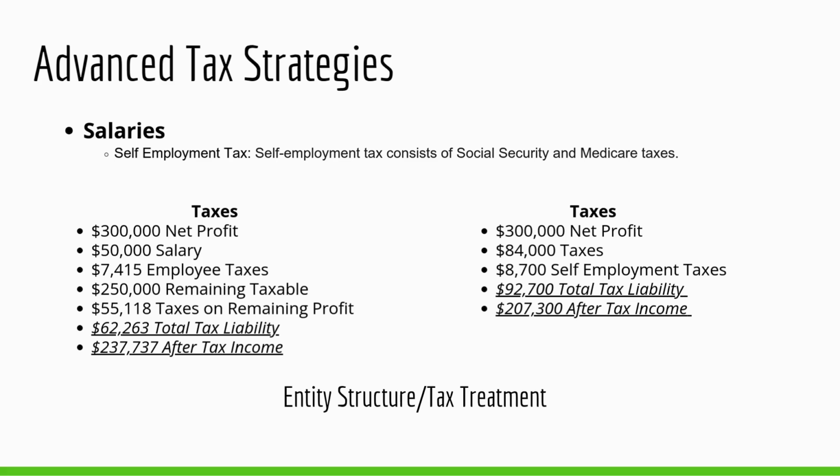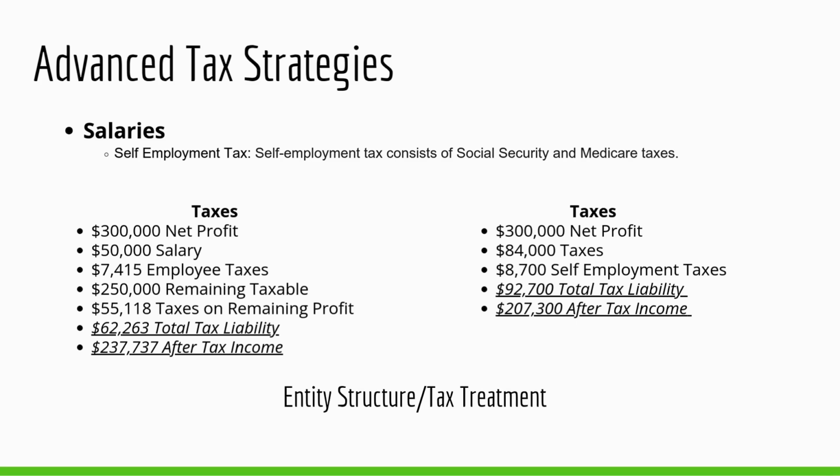Okay. Then there's another way we can pay ourselves. Now this requires some entity structure. If we are operating under an LLC, a limited liability company, we can choose to file taxes as an S Corp. All it is, is a piece of paper that we sign and our CPA sends it to the IRS and says we are an LLC who would like to file as an S Corp.